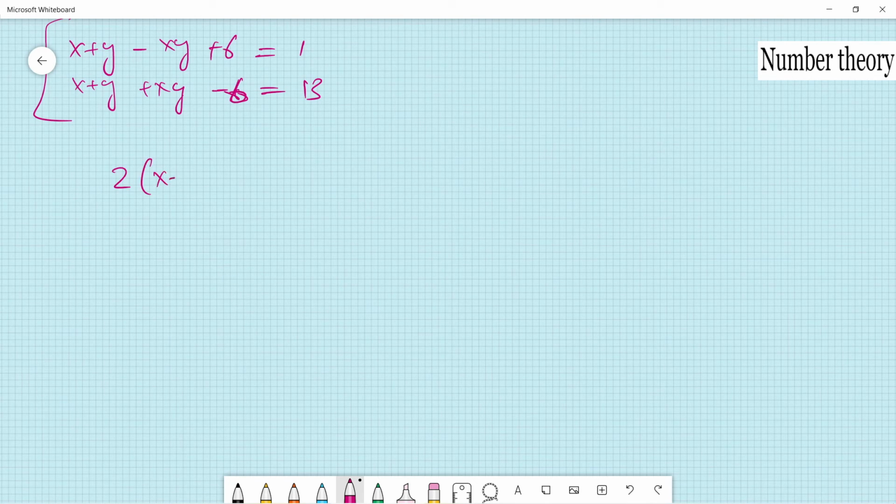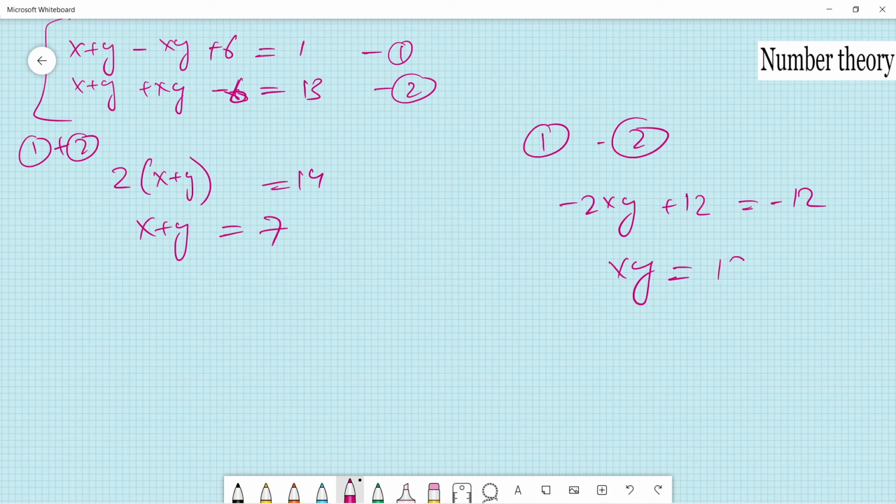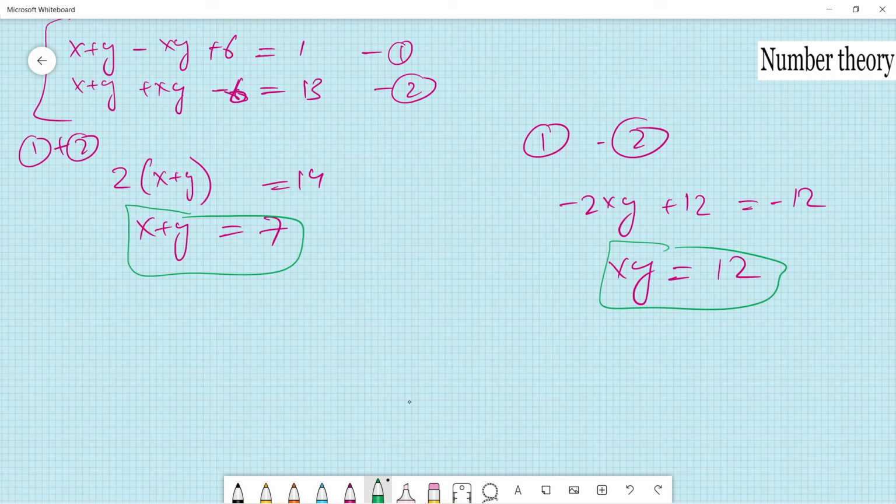Calling them equations 1 and 2, 1 plus 2 gives us 2(x plus y) equals 14, so x plus y is 7, and 1 minus 2 gives us minus 2xy plus 12 equals minus 12. So this gives us xy equals 12. Now we have x plus y is 7 and xy is 12.